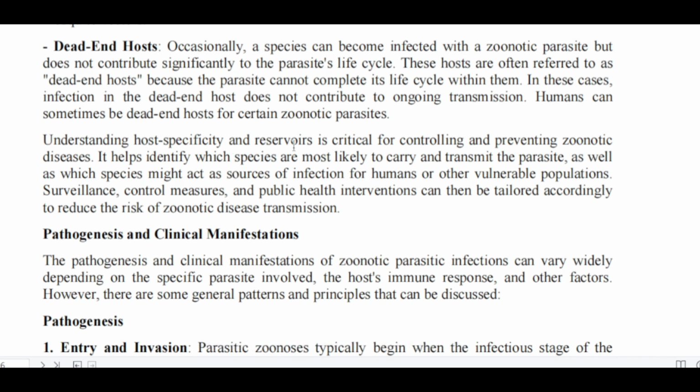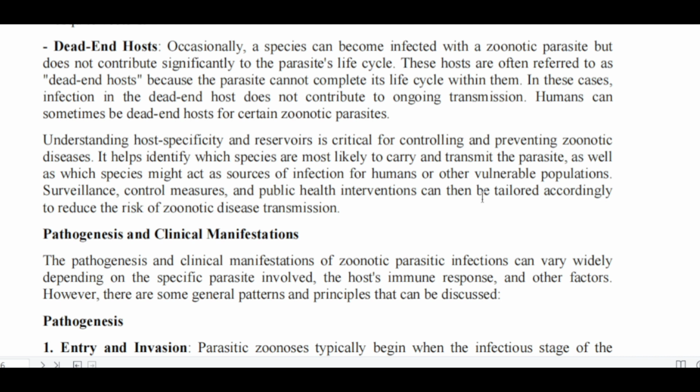Understanding host specificity and reservoirs is crucial for controlling and preventing zoonotic diseases. It helps identify which species are more likely to carry and transmit the parasite, as well as which species might act as sources of infection for humans. So this is just trying to shed more light on why it is important to study the kind of parasite and the kind of host involved, so that you can know how to control diseases.